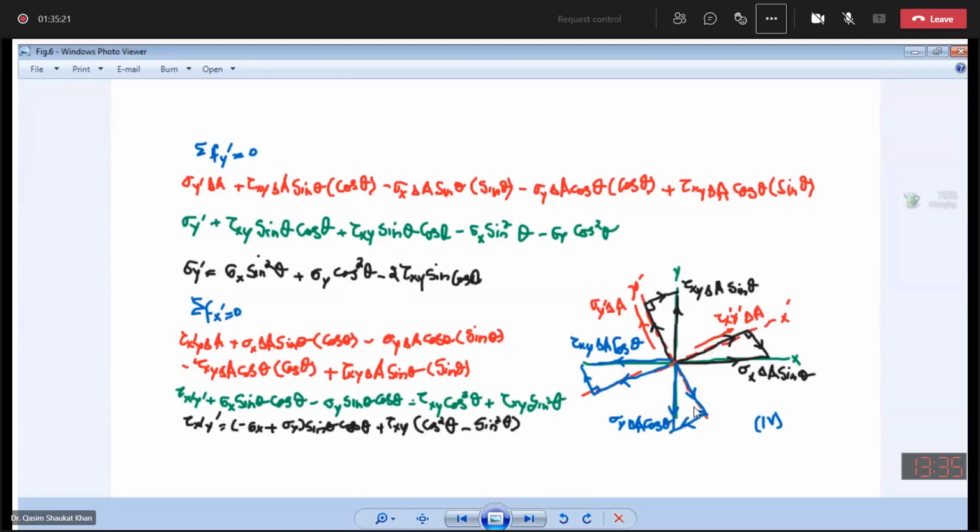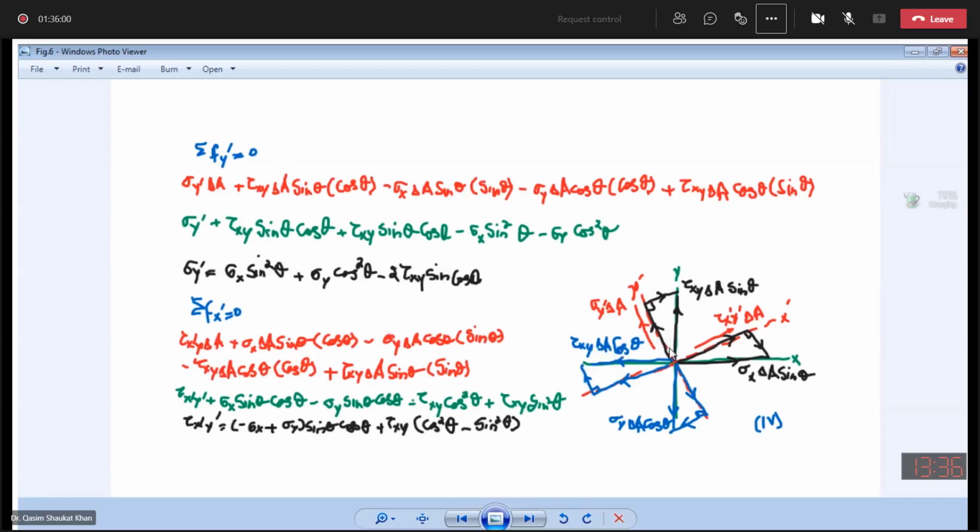Its component about the x dash axis is sigma y delta A cos theta into sine theta, and this component is pointing towards the negative x axis, so this will be negative: minus sigma y delta A cos theta times sine theta. Next, I have tau xy delta A cos theta. Its component about the x dash axis will be tau xy delta A cos theta into cos theta, and it is pointing towards the negative x axis, so it will be minus tau xy delta A cos theta cos theta.